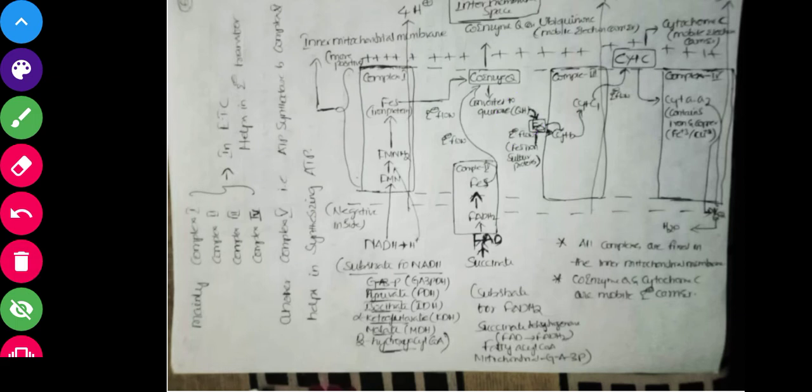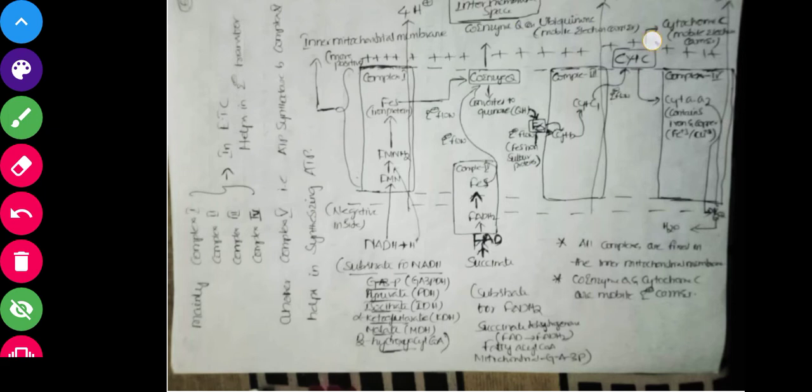From there, it supplies the iron sulfur proteins. From there, it supplies the subunits of cytochrome complex 3, that is cytochrome B and cytochrome C1. Then finally it supplies cytochrome C. So this is called complex 3, the coenzyme Q cytochrome C complex.